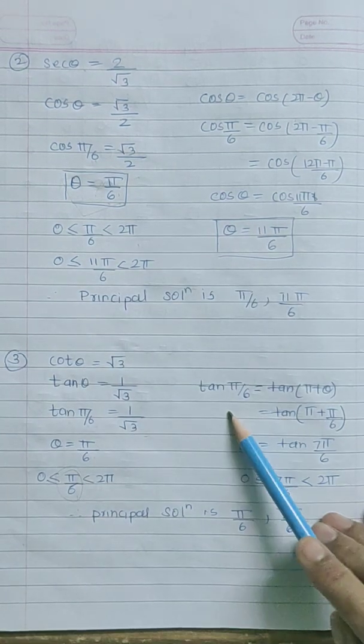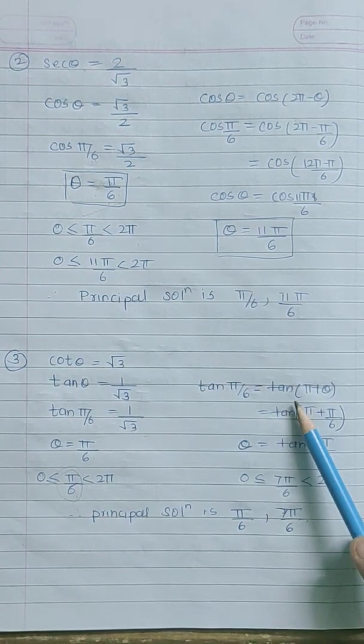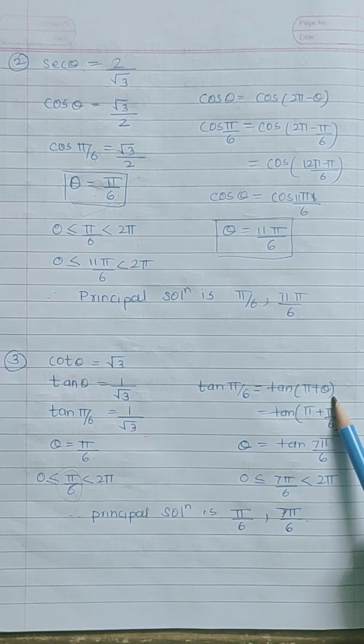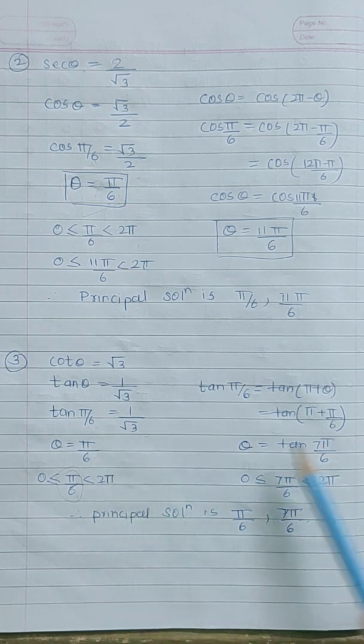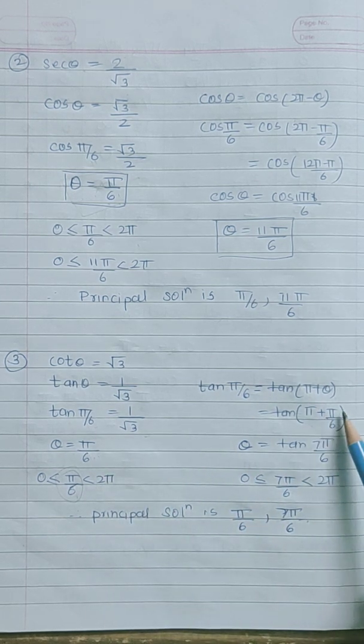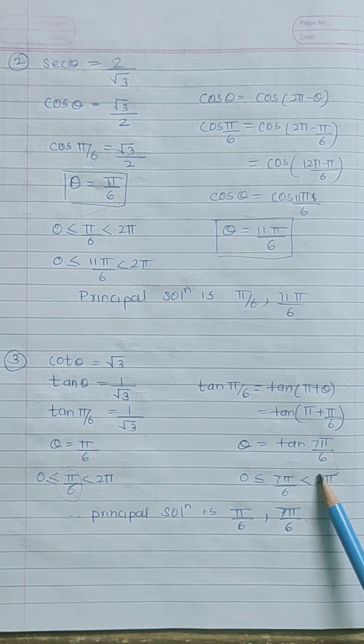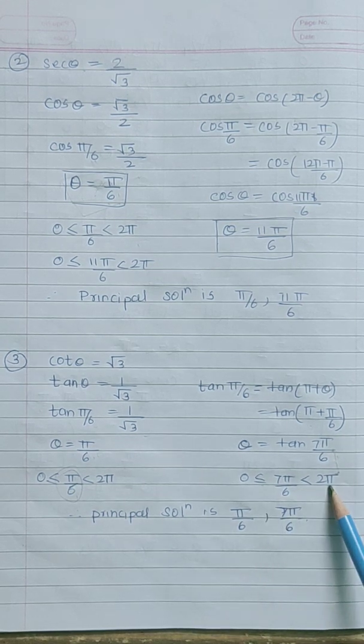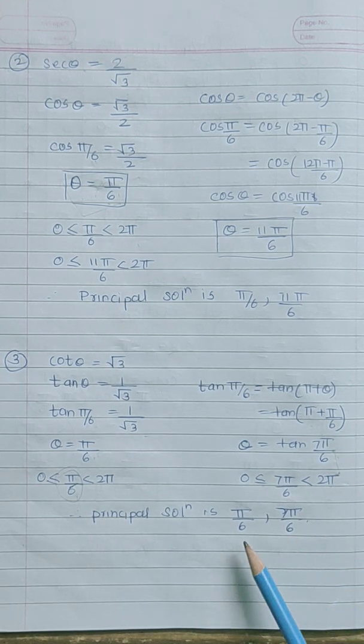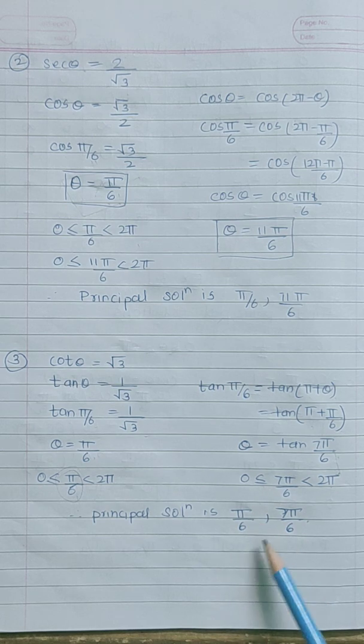So we will take tan pi by 6 is equal to tan pi plus theta. Now what is our theta we got? Pi plus pi by 6. Do cross multiplication. 6 pi plus pi, 7 pi by 6. So 7 pi by 6 lies between 0 to 2 pi. So our principal solution is pi by 6 and 7 pi by 6.